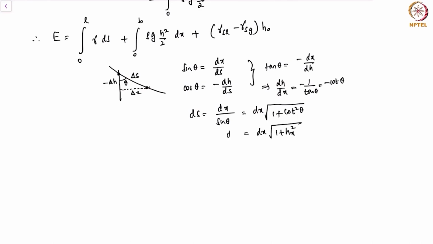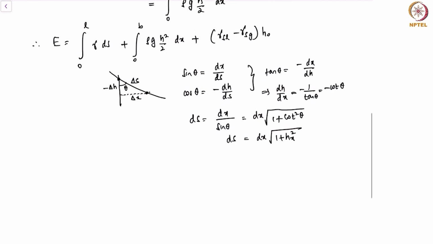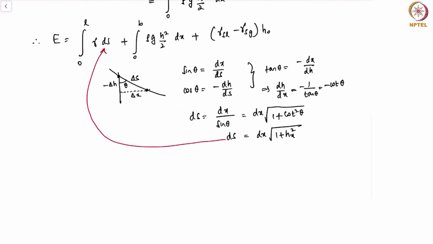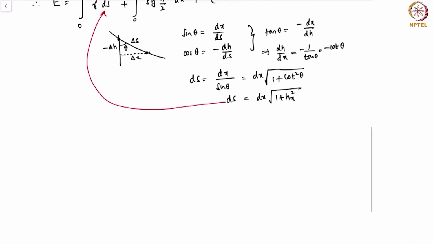So therefore we have ds in terms of this. So I can use this ds into the expression for the surface energy, and so now the integration, instead of going from 0 to L, will go from 0 to b.